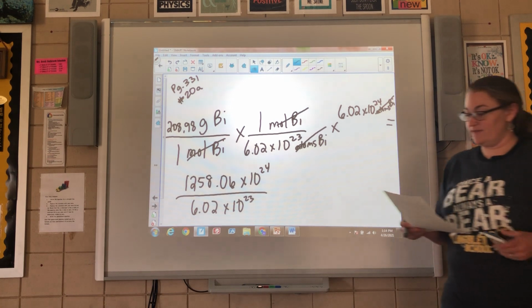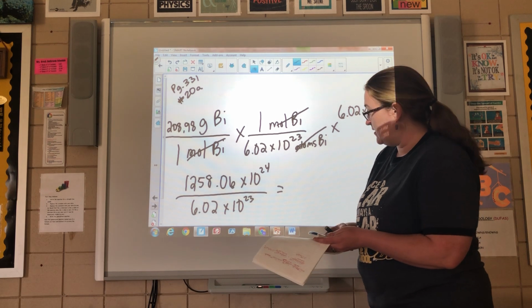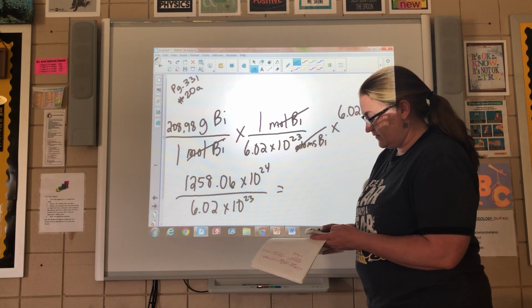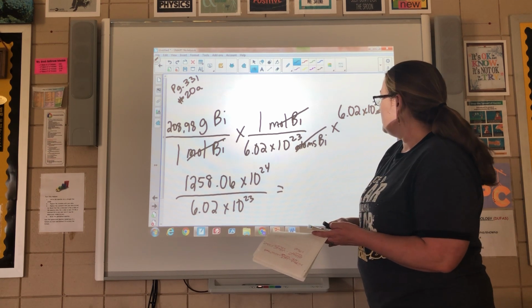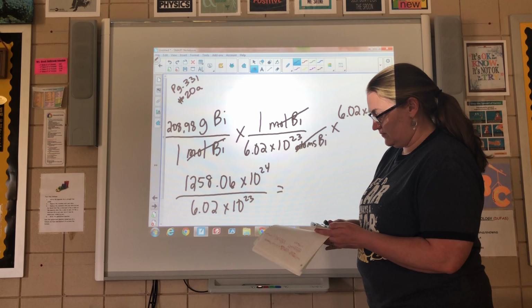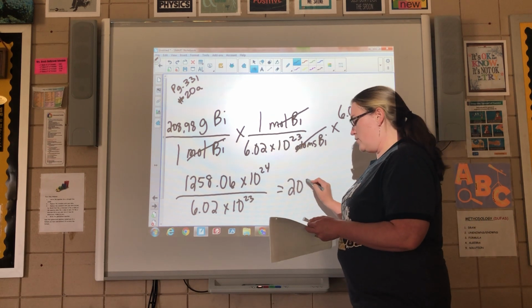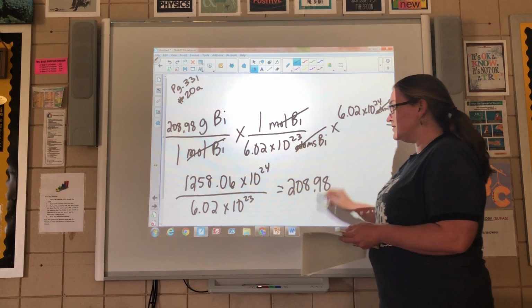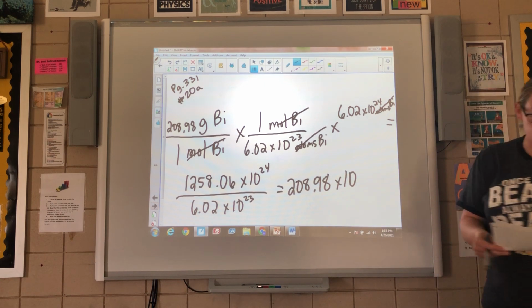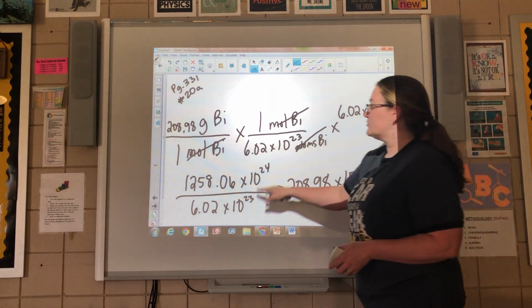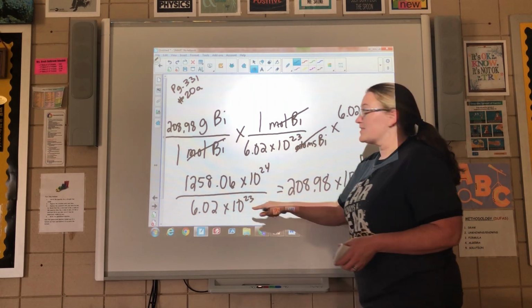Okay, so if I divide that out, 1258.06 divided by 6.02, that's going to be equal to, same thing we had, 208.98 times 10. Now remember, when you're dividing with scientific notation, you subtract the exponents.